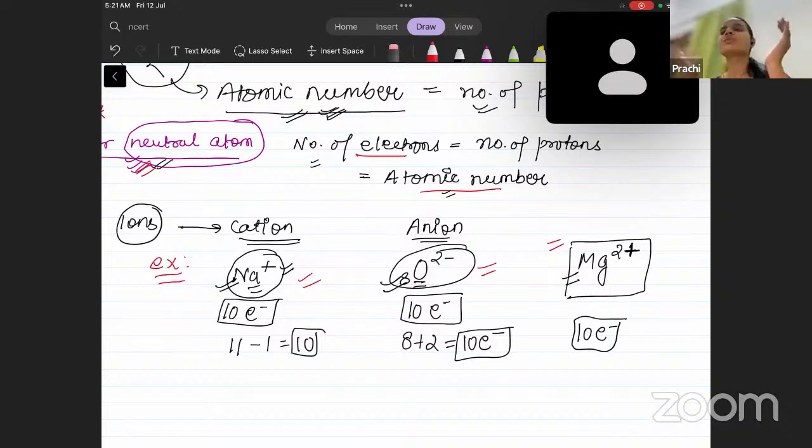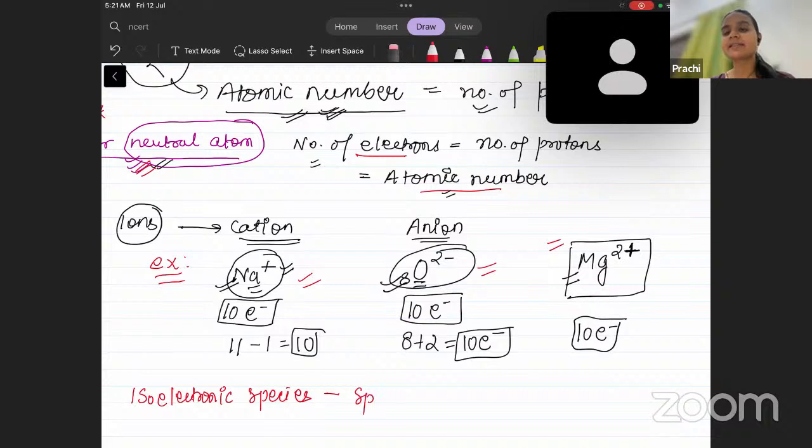Those having the same number of electrons will be known as isoelectronic species. Understood? If you have understood this, then write your definition and type yes in the chat, and then we will quickly see what are isotopes, isotones, and isobars.